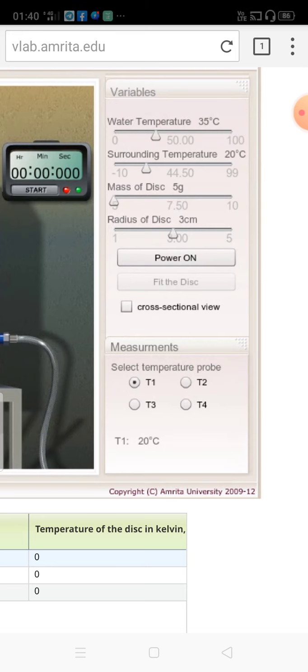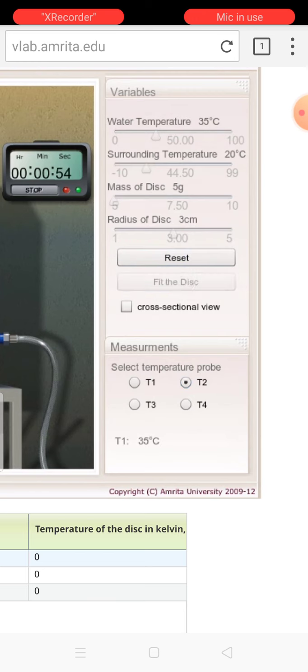So I have to select the temperature from the probe. Say I am selecting T1, 20 degrees. If I select T2, then T2 is 20 degrees. Then power on, then fill the disc, reset, see what happens.